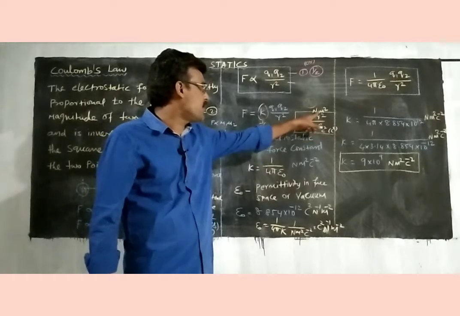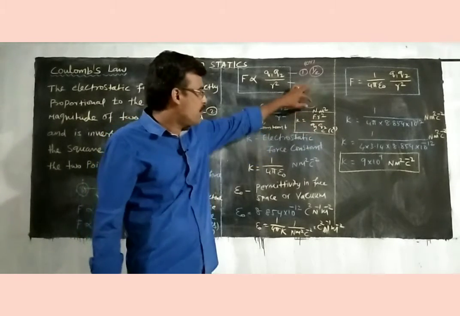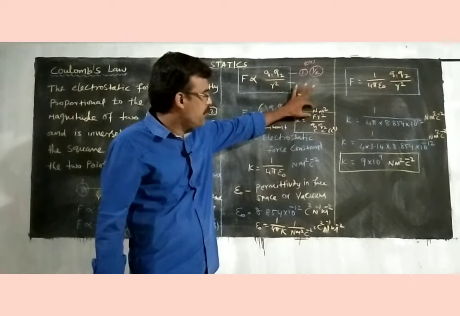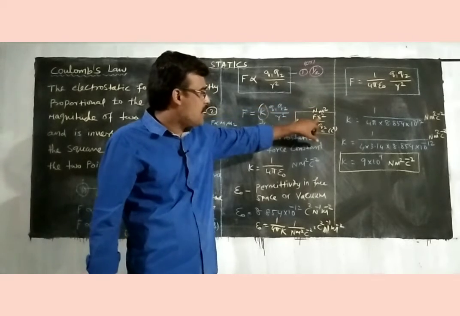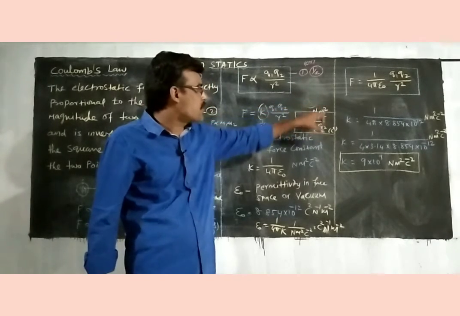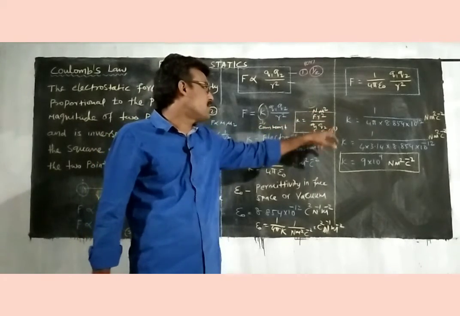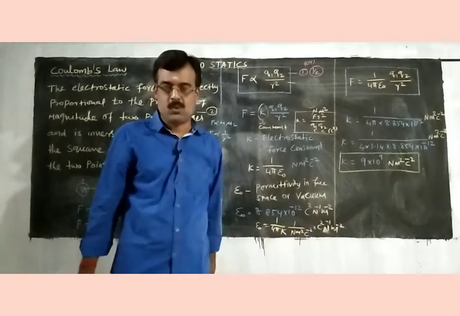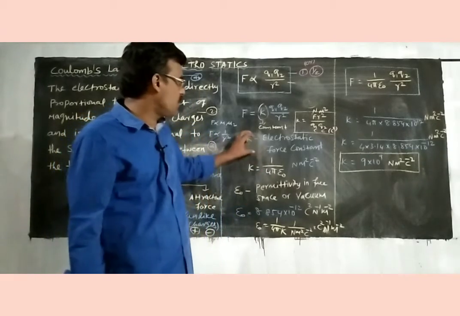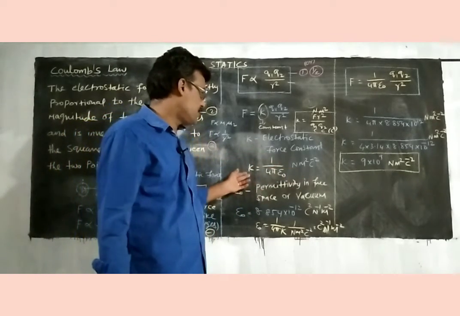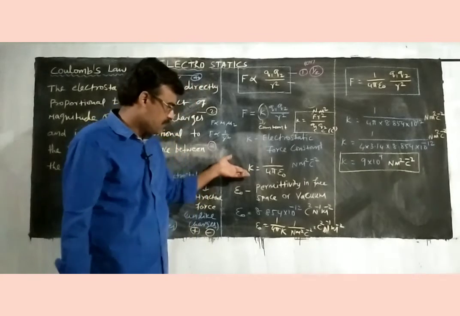So K is equal to F R square by Q1 Q2. You can put the SI unit for force, that is Newton. R square is meter into meter, meter square. The same way Coulomb into Coulomb, Coulomb square. Then you can write Newton meter square C power minus 2. So this is the SI unit of this electrostatic force constant K.